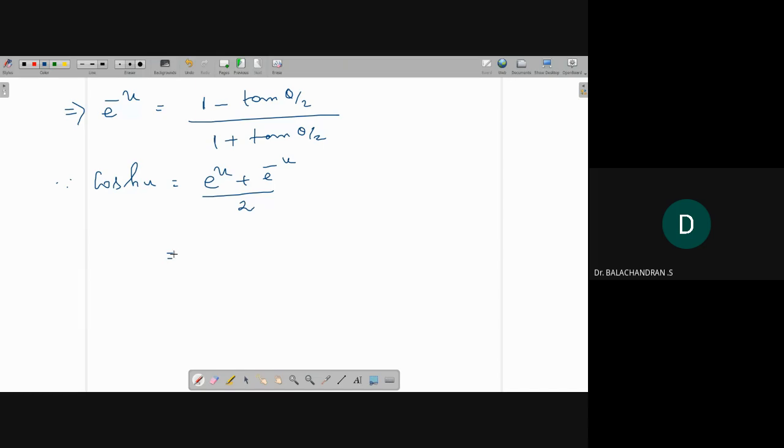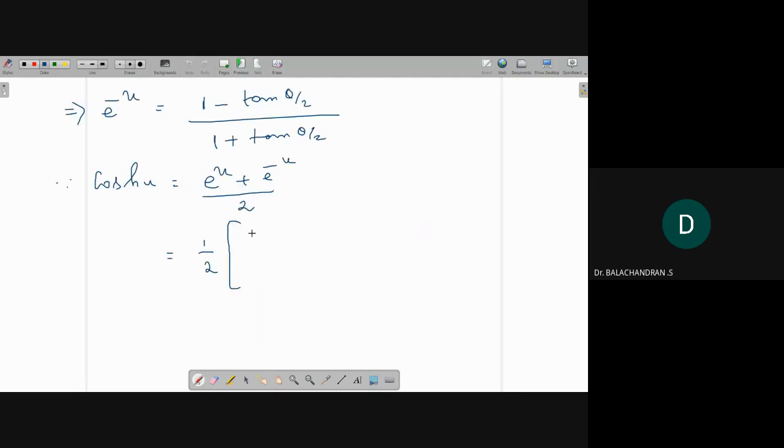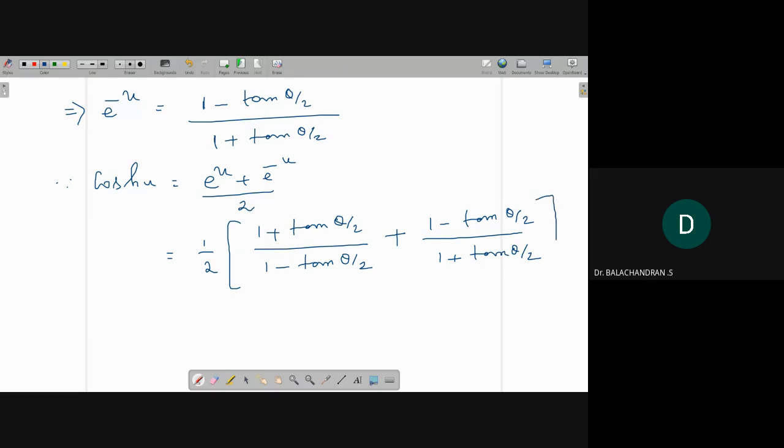So this is equal to 1 by 2 into e power u, which is 1 plus tan theta by 2 divided by 1 minus tan theta by 2, plus e power minus u, which is 1 minus tan theta by 2 divided by 1 plus tan theta by 2.